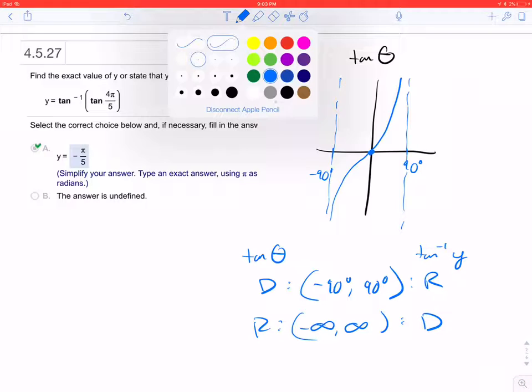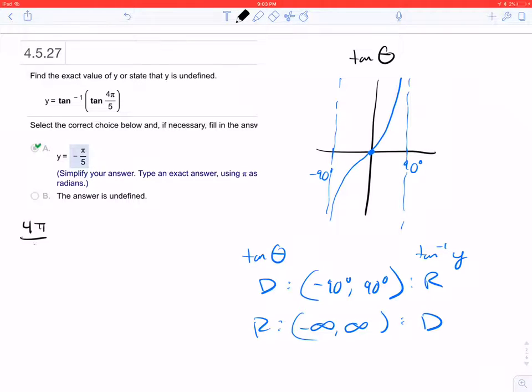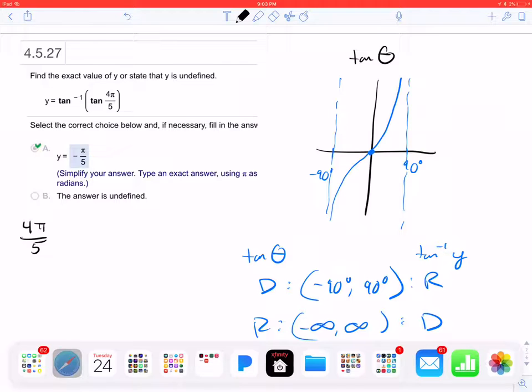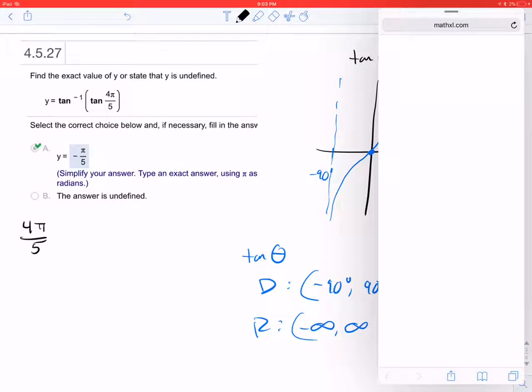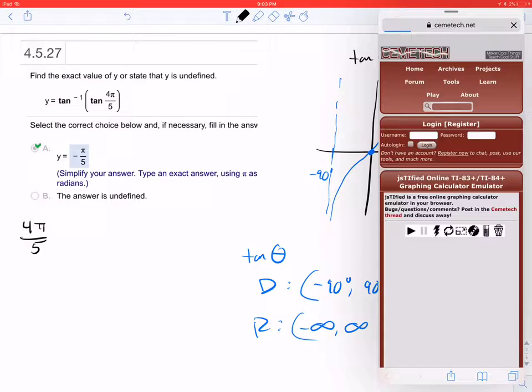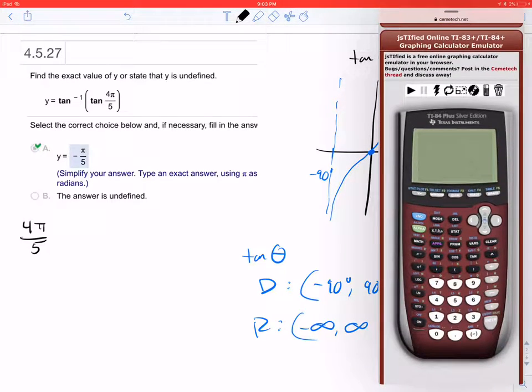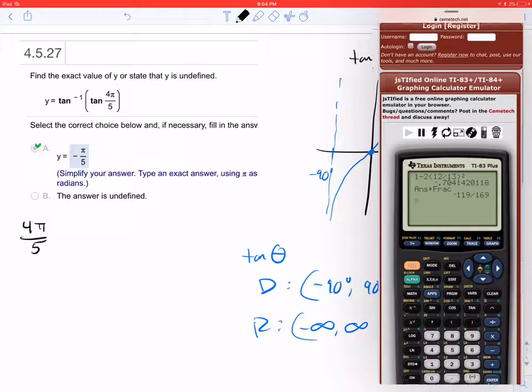If we have 4 pi over 5, let me pull up my calculator. Alright, let's see if it works. There we go.